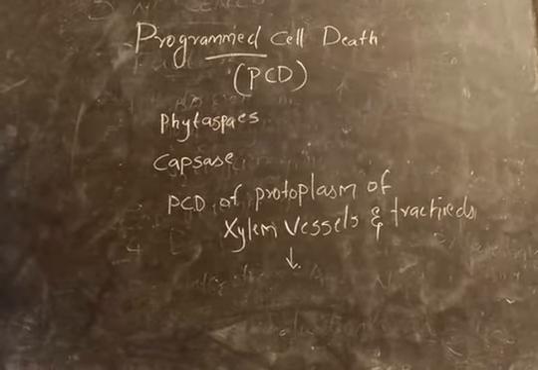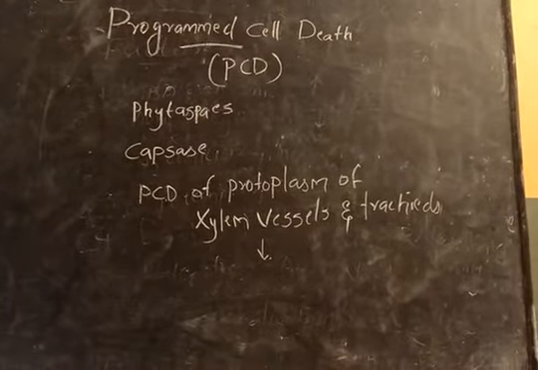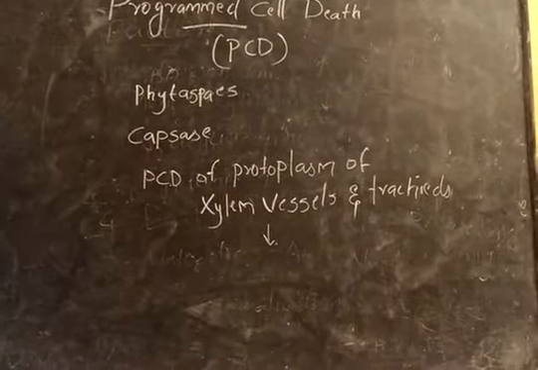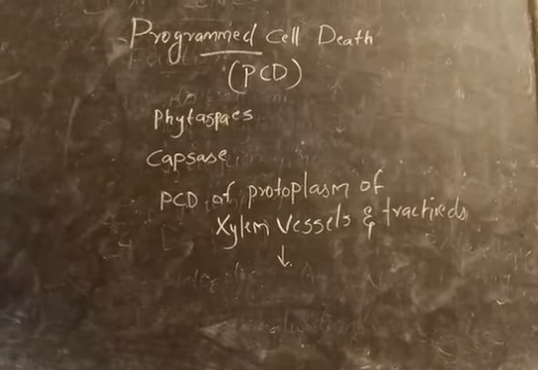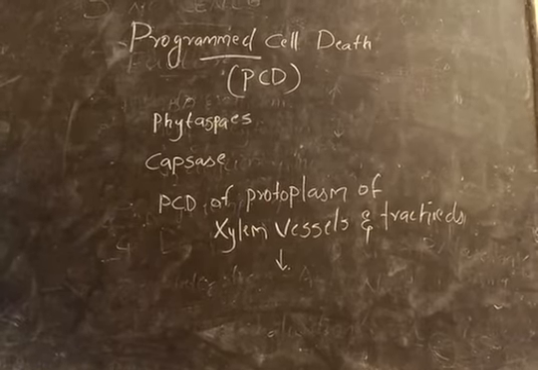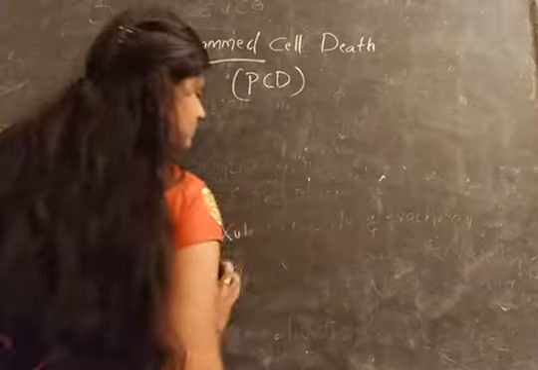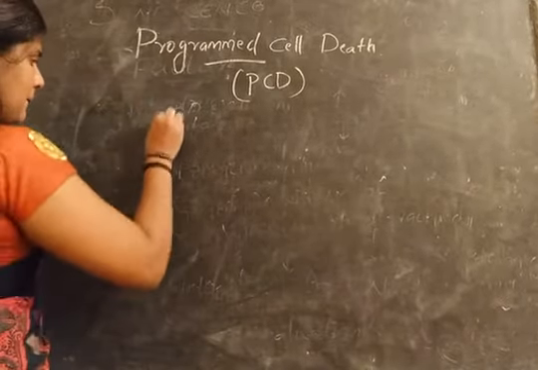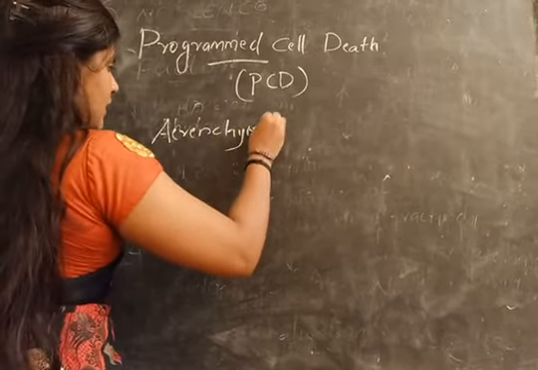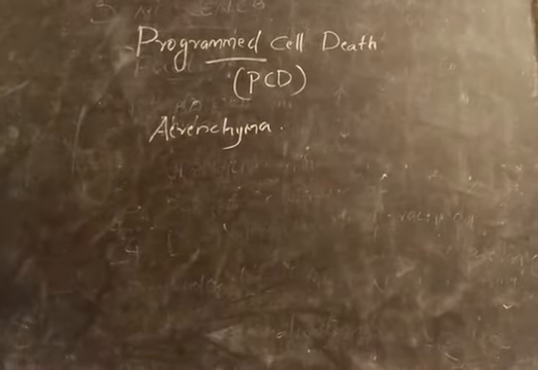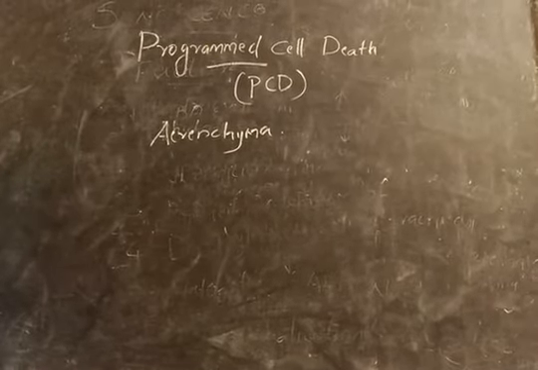And also in some aquatic plants, the aerenchyma is normally formed in different parts of the plant, such as roots and stem, which enclose large air spaces that are created through programmed cell death. So the aerenchyma are situated in the intercellular spaces that are formed due to programmed cell death.